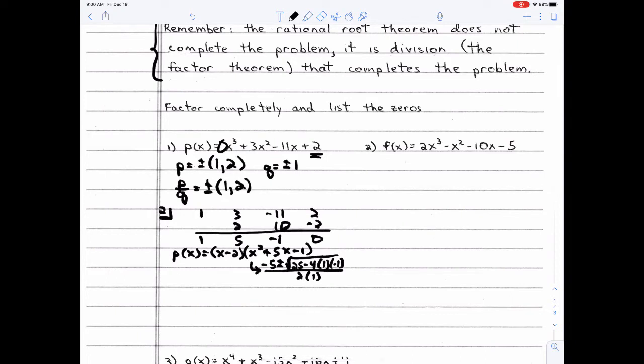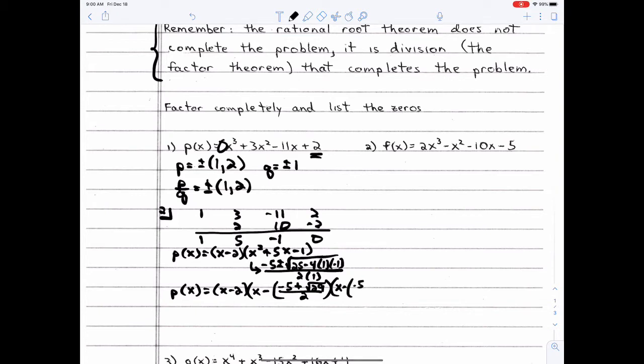We have P of x equals x minus 2. That was the divisor. And now these are the factors of what was the quotient: x minus the first one, which is negative 5 plus square root of 29 all over 2, and x minus negative 5 minus the square root of 29 over 2.